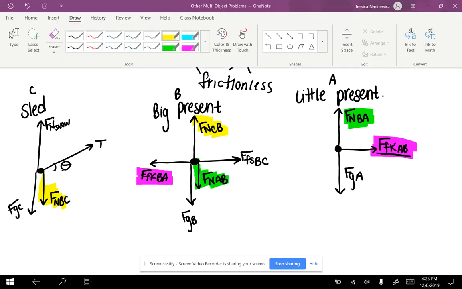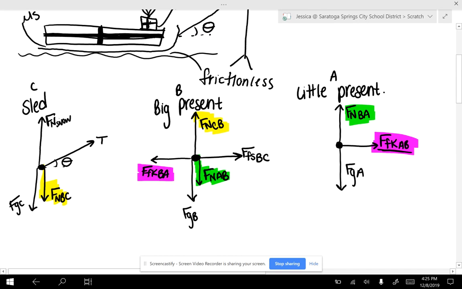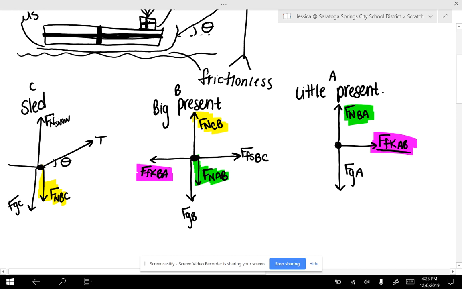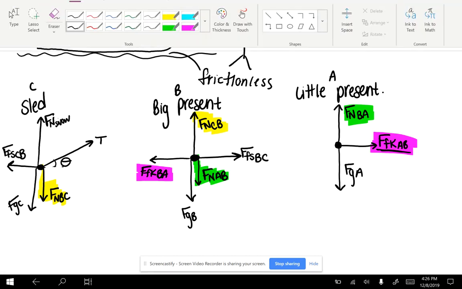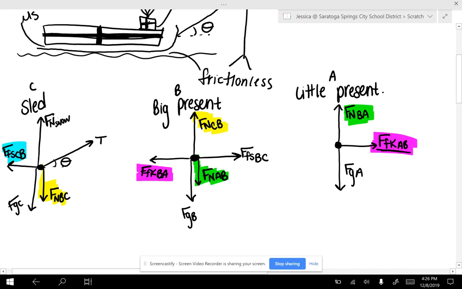And if there was a static force of friction to the right from B on C, then there is also a static force of friction to the left from C on B, and those two are equal. Anything highlighted here is considered a force pair because of Newton's third law.